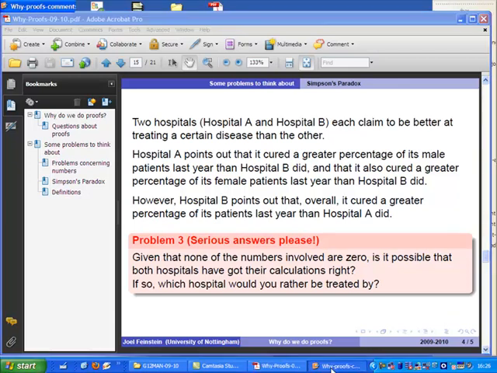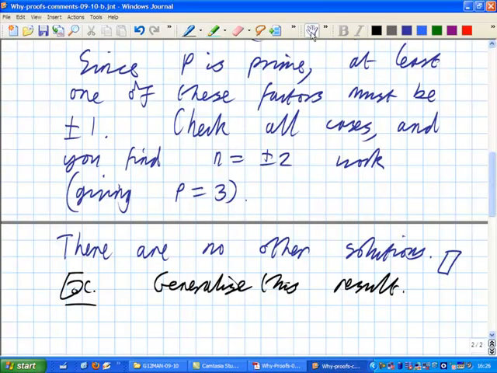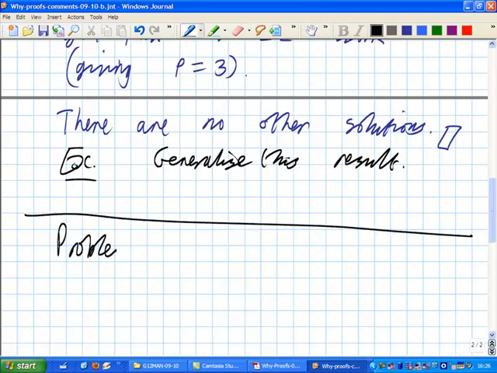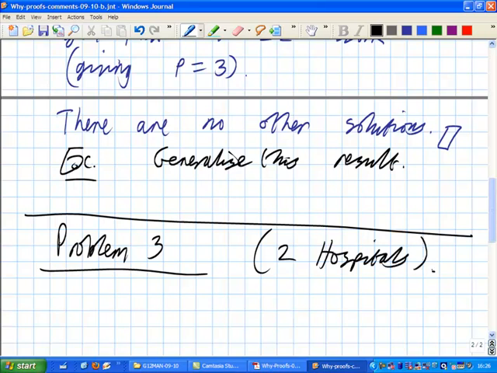So now you've had a little while to think about that one. Let's see what people come up with. So, the problem of two hospitals. Let me start by, again, probably not picking on anyone, can I have a show of hands for those who think that this isn't possible?